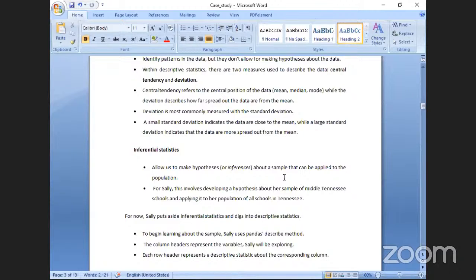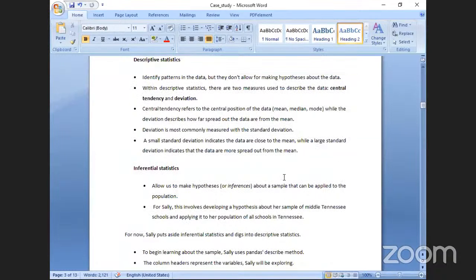Initially, what she has done is she kept this inferential statistics and thought of doing it in the second phase. In the first phase, she started with descriptive statistics. Now I'm going to show how you can perform descriptive statistics, like how you can generate mean, median, mode, and also standard deviation for further analysis.